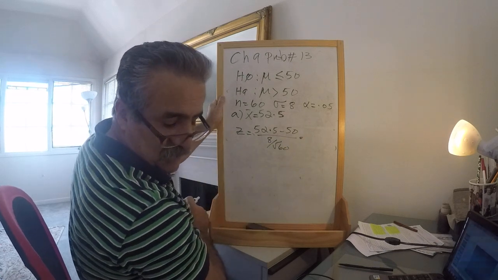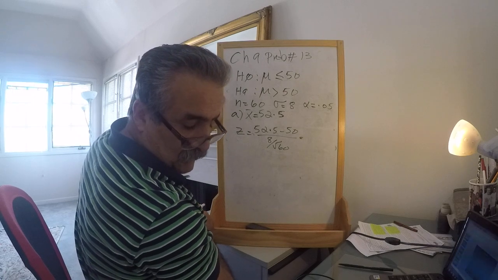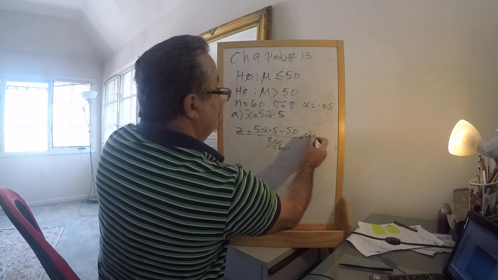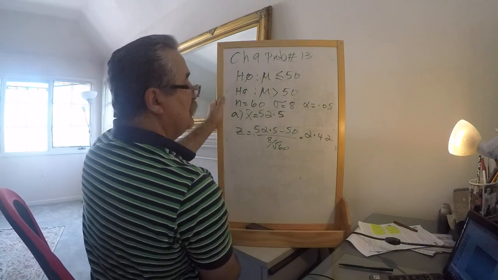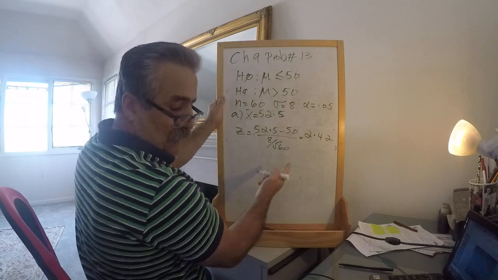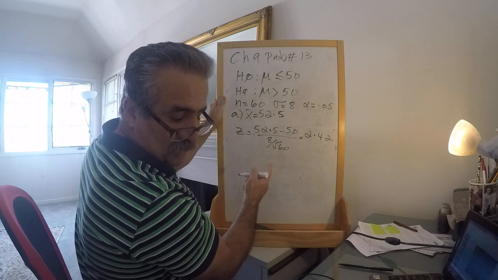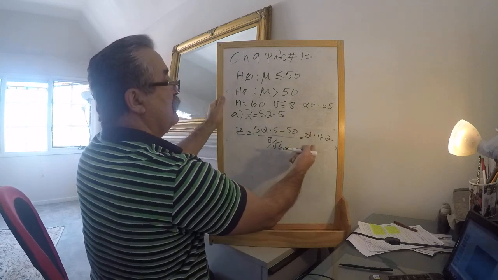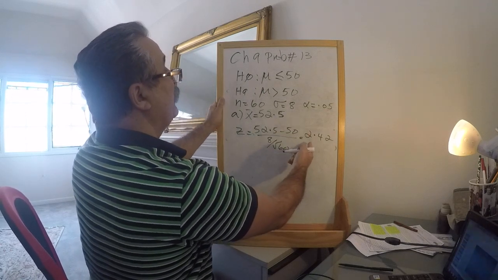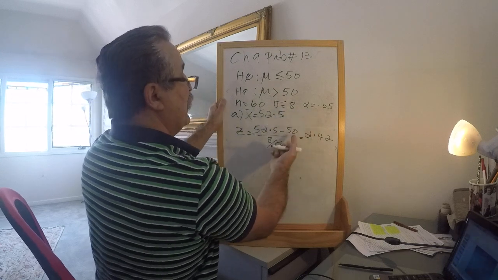So our z is going to be equal to 2.42. Now we just go ahead and use the critical value approach to compare it against z of the alpha.